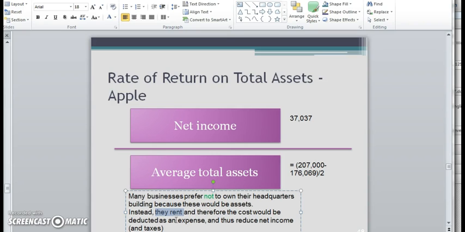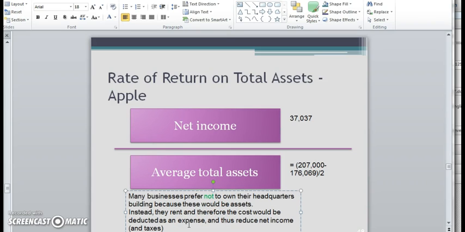And remember, when you rent, the cost of being in that office space is rent. That's an expense. Rent is an expense, and you deduct those expenses from your revenue, and therefore your net income is smaller.